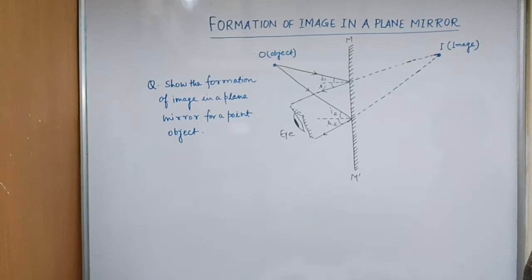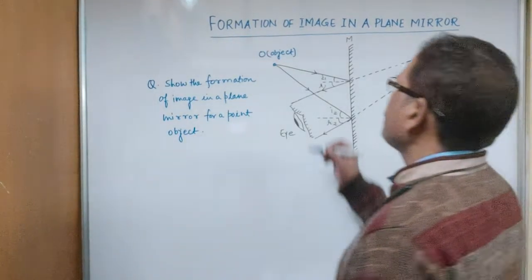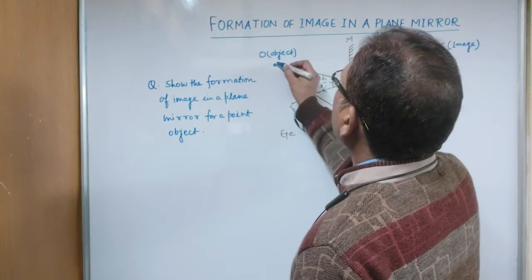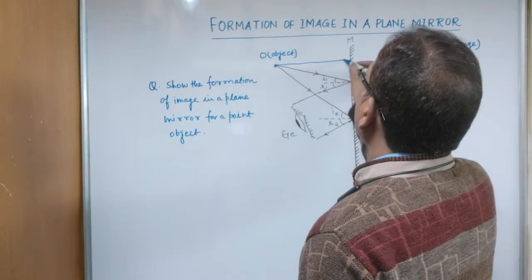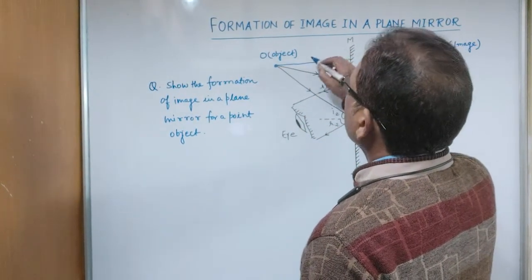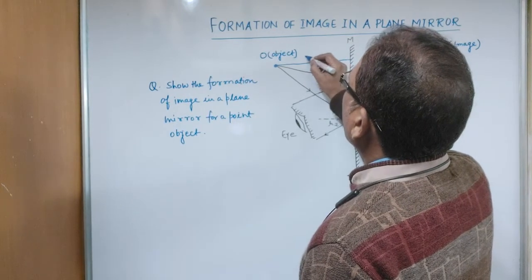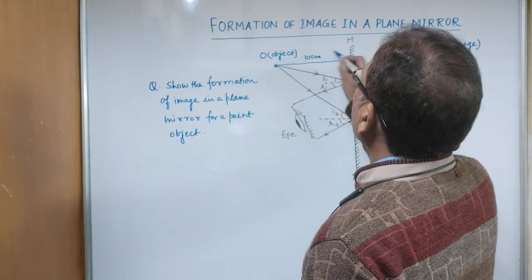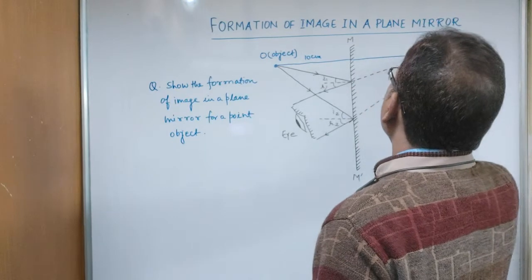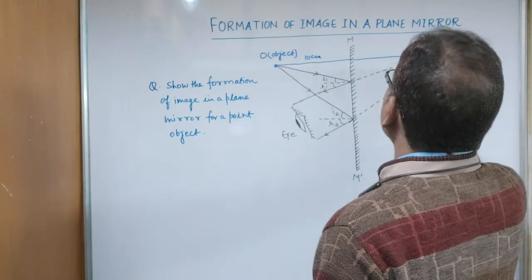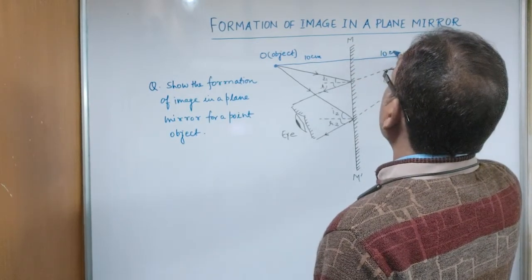Now if you draw the diagram accurately, although in my diagram it is not so clear, you will find that this distance of object from the mirror, suppose this distance is 10 centimeter, then this distance, it means distance of image from the mirror, is also equal.